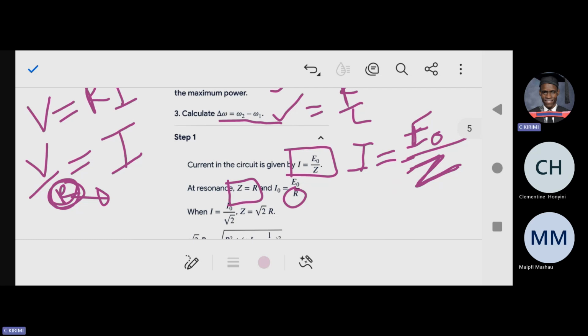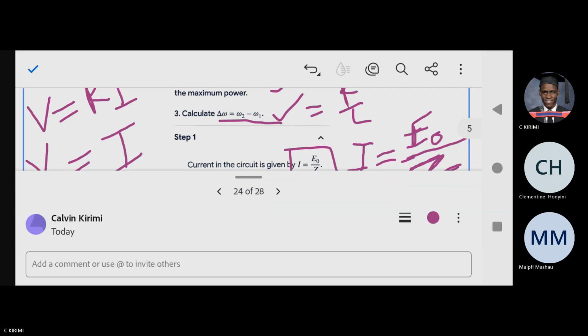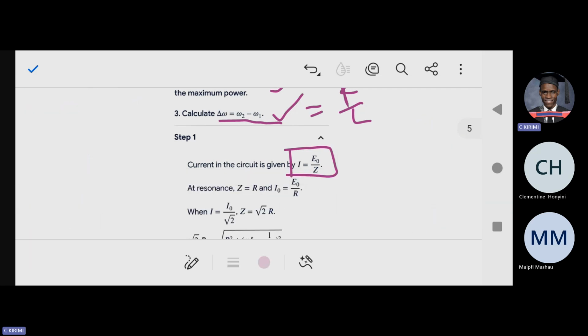That's why where there is Z in the original formula, now you replace the Z with an R. Instead of writing this formula, now where the Z is, I'm putting what? R. So it's a matter of playing around with formulas.